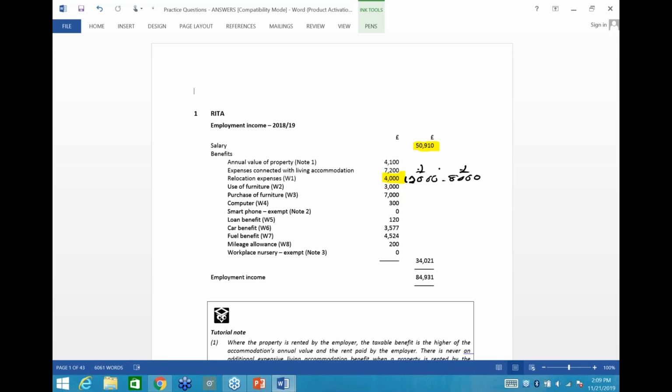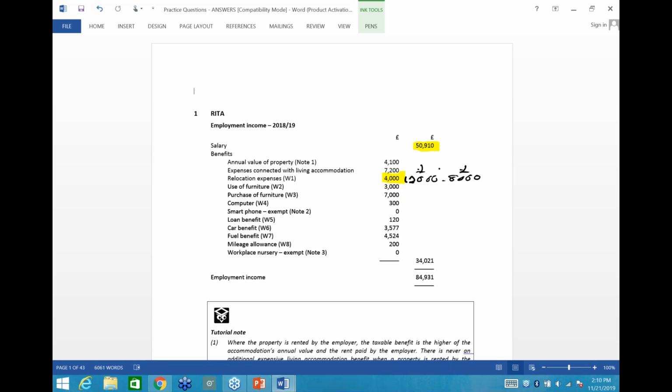It depends on whether you are provided with accommodation owned by the employer or accommodation not owned by the employer, that is rented accommodation. Now, in this instance, the house where you have been provided with accommodation is not owned by the company.